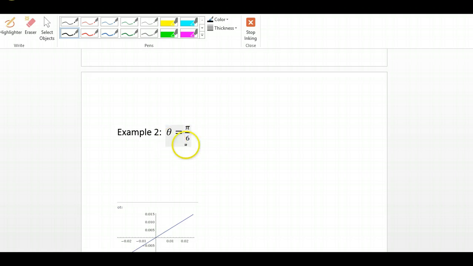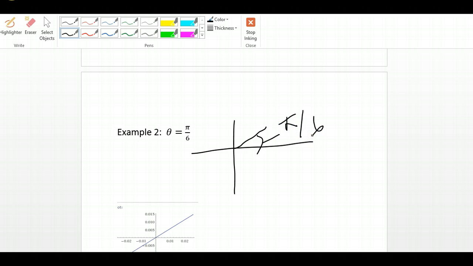This equation is independent of r, which means r can take anything. So that means the angle is fixed, but the distance from the origin can vary. So if I draw the thing once again, this angle is fixed at pi over 6.